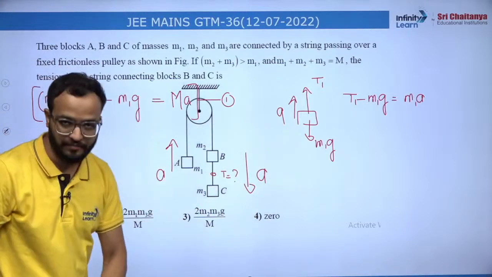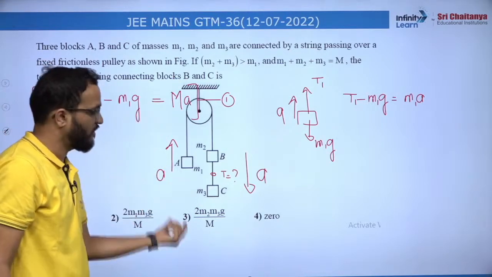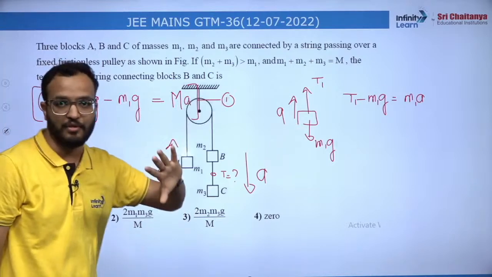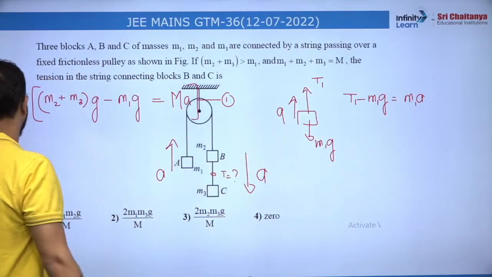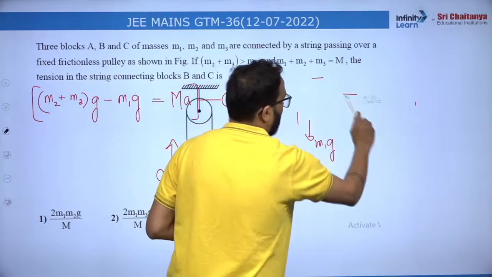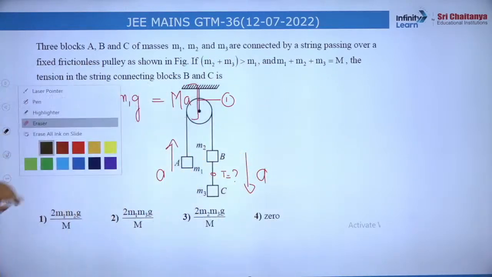(M2 plus M3)G, right? And the force pulling the other block is M1G. So (M2 plus M3)G minus M1G is total mass into acceleration. Instead of doing this, you can just write it in one line. It will save a lot of time during your examination. Otherwise, if you want to go with every FBD, it's your choice.